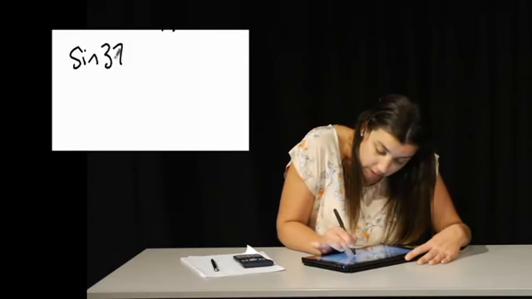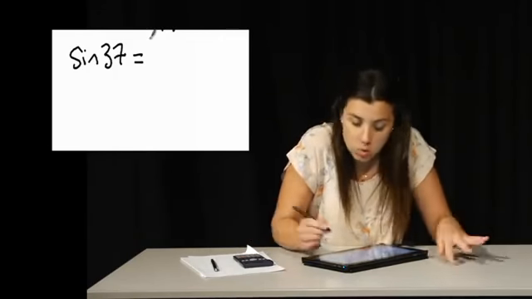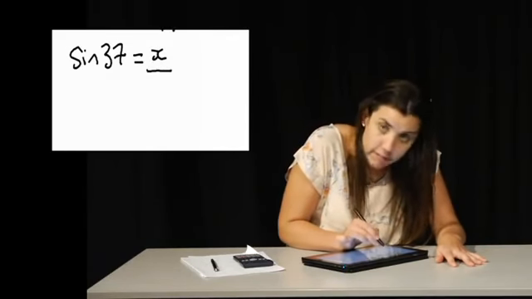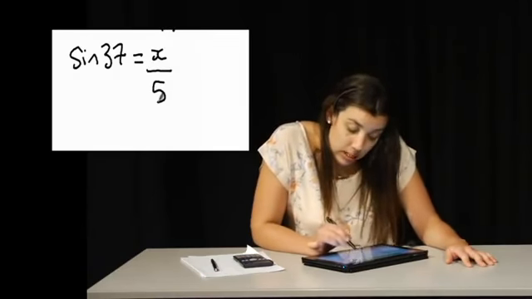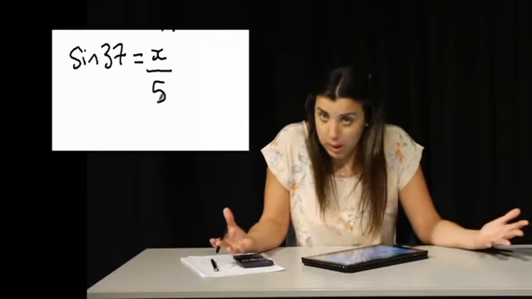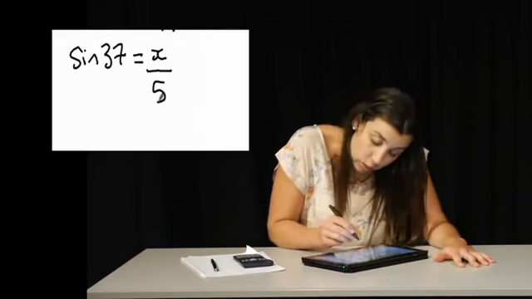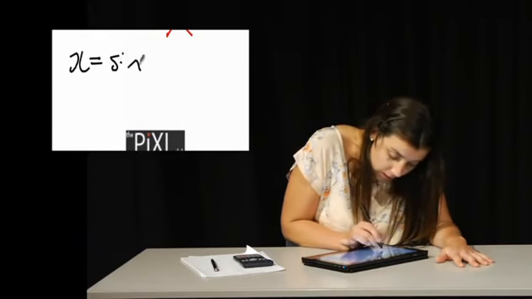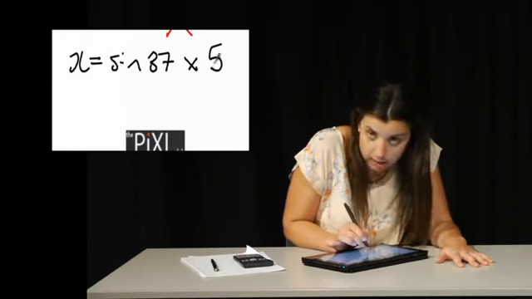So we have sin 37 equals O. What's O? X. We don't know it, so we write in X divided by the hypotenuse, 5. We do know the hypotenuse, which is 5. So we've got sin 37 equals X, which we don't know, divided by 5. Well, to be able to find X, we just need to multiply our sin 37 by 5. So rearranging that, we then have X equals sin 37 multiplied by 5.